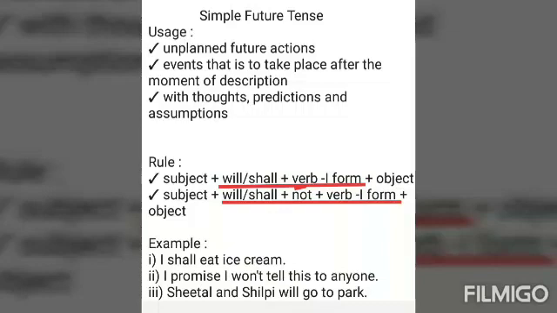With I and we, that is the first person, we will always use shall, and with second and third person like you, he, she, it, they, we will use will. But nowadays shall is not used that much. The maximum use is of will with all the subjects.